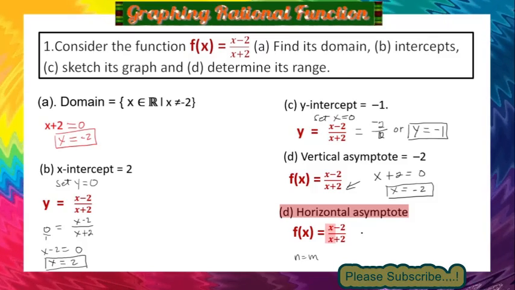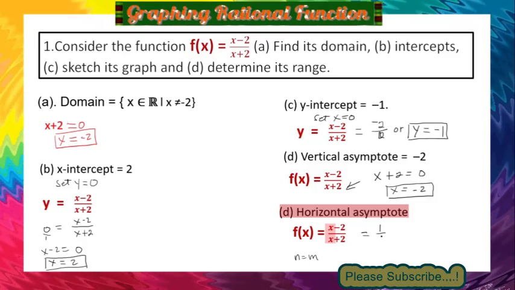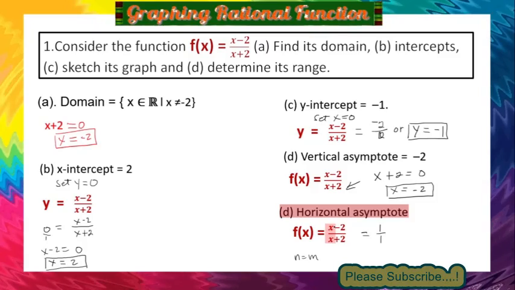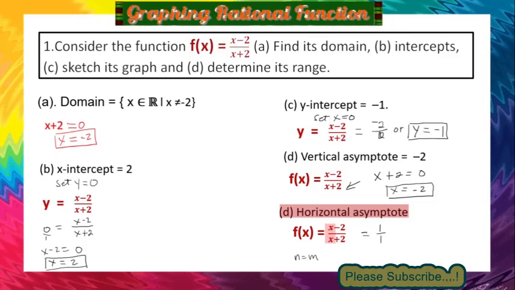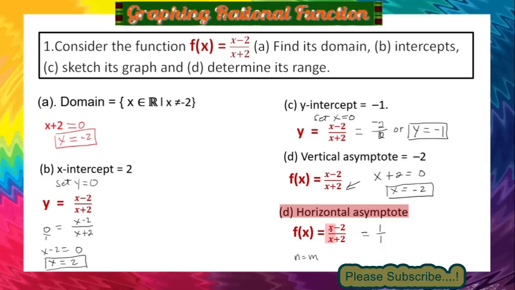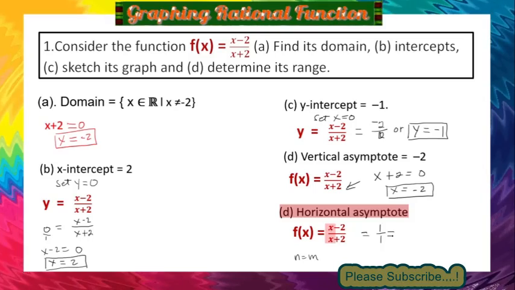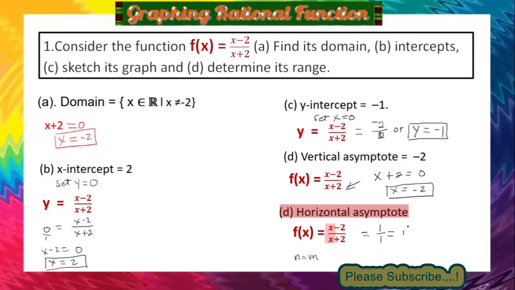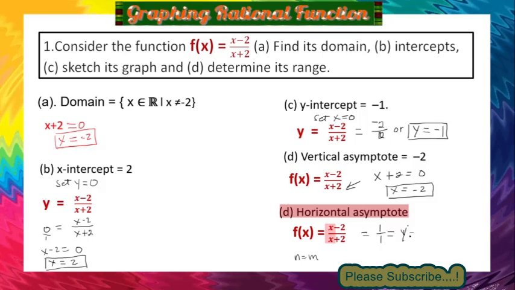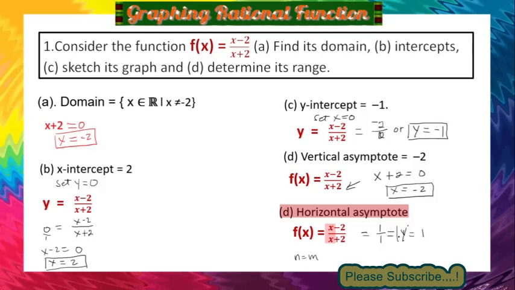So this is 1 over 1, since the numerator has only 1 degree and the denominator also has 1 degree. So the horizontal asymptote is y equals 1.